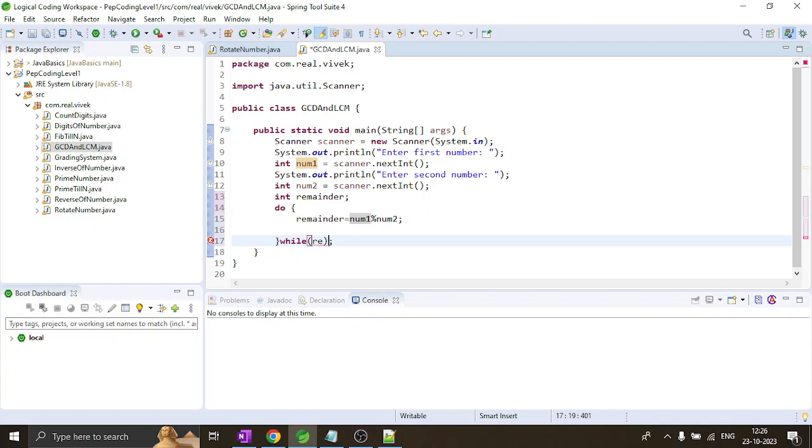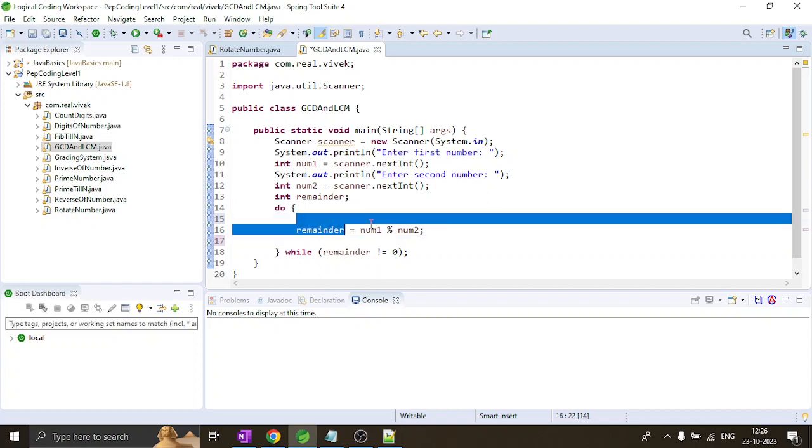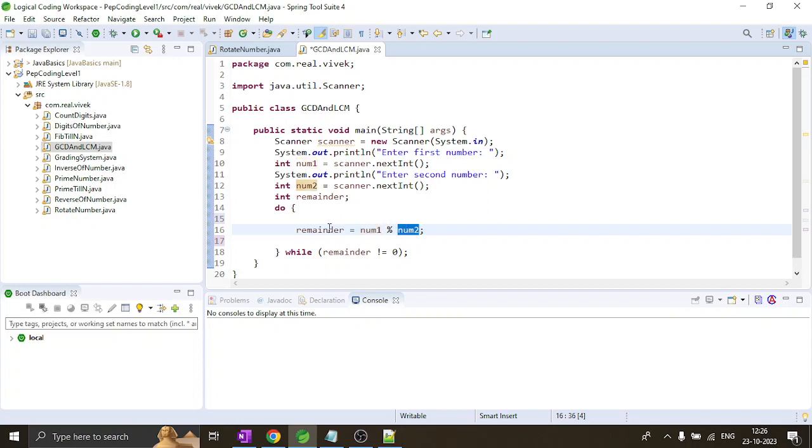While remainder is not equal to 0, we have to keep on iterating. And then we have to swap each time, right? So first time we'll get 12 mod 9, and we'll get the remainder as 3.